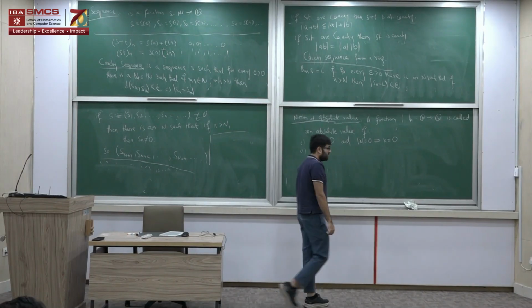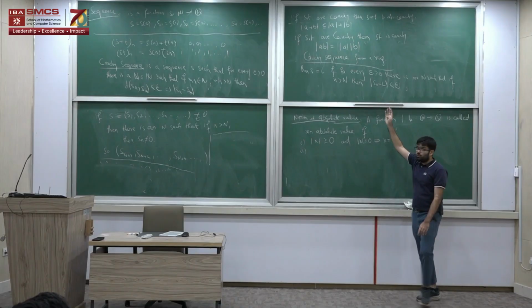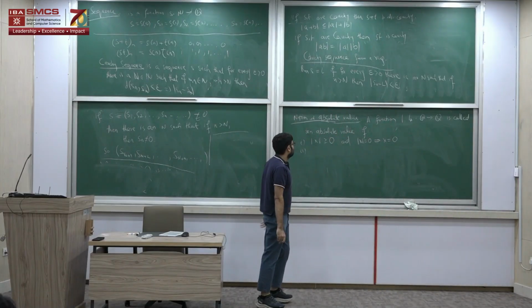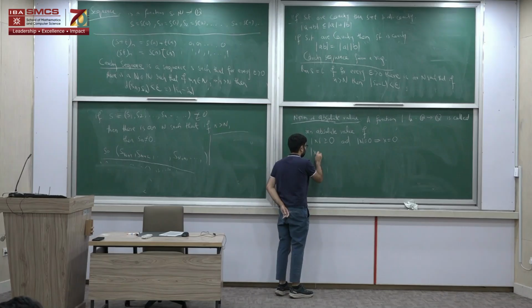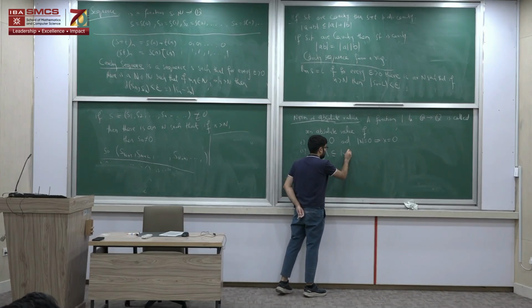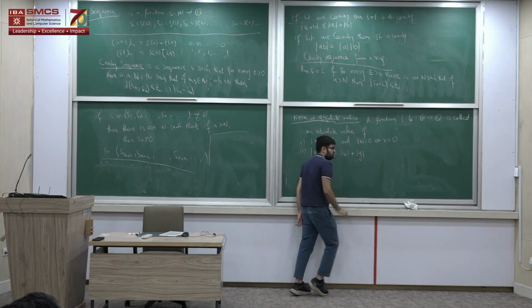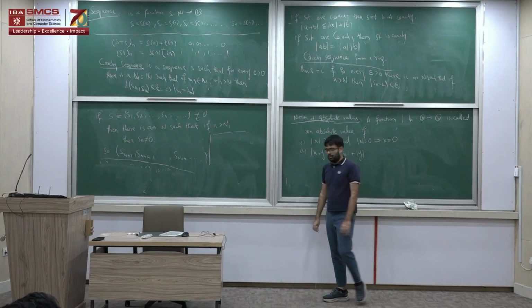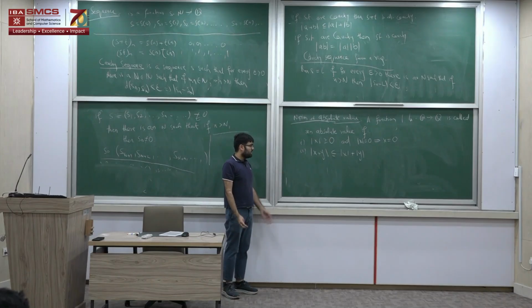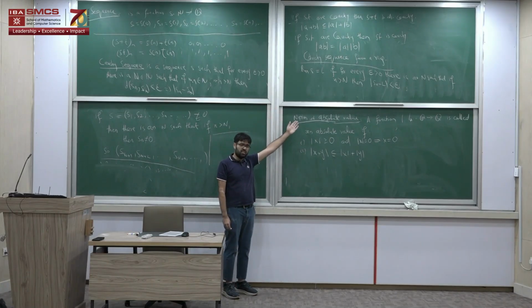Two, to get that the sum of two Cauchy sequences is a Cauchy sequence, I need the property that the absolute value of x plus y is less than or equal to the absolute value of x plus the absolute value of y. This is something you expect from general distances, but here we want them to play nicely with the field structure we have.